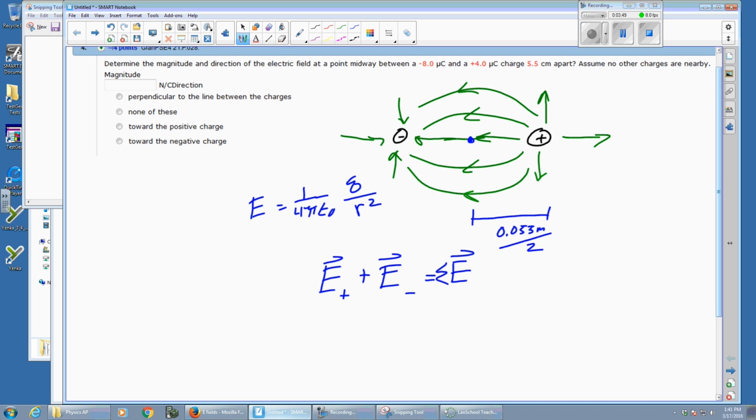So vectorially they add together, and since they're in the same direction, their magnitudes would just add together also to be the magnitude of the E field. So you should have that the field is towards the negative charge, which should have been my choice.